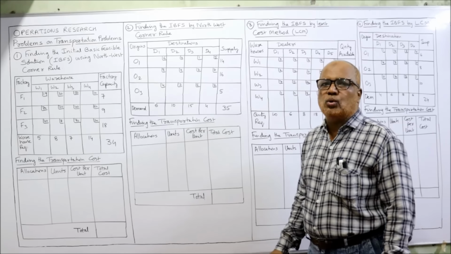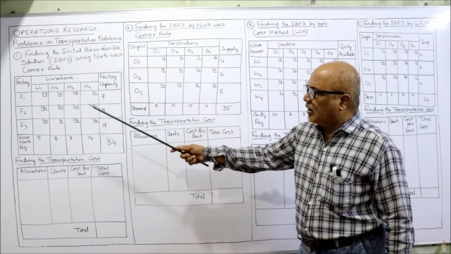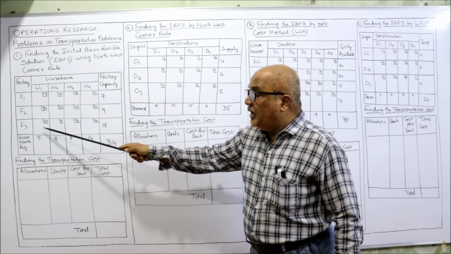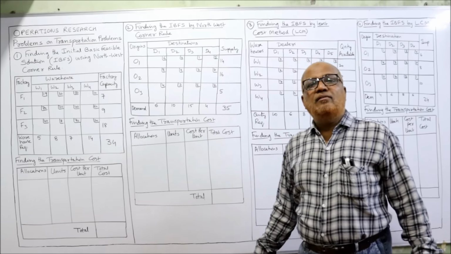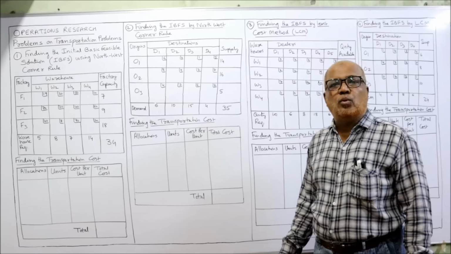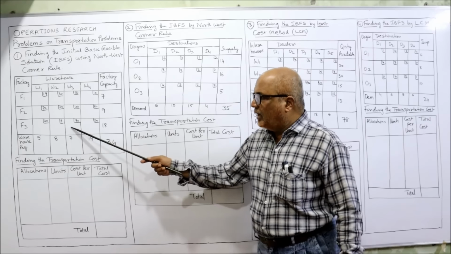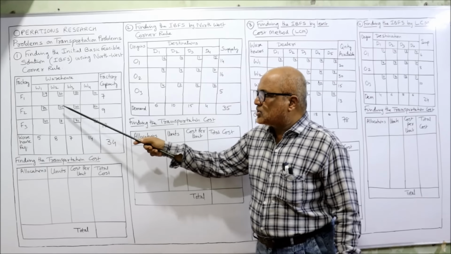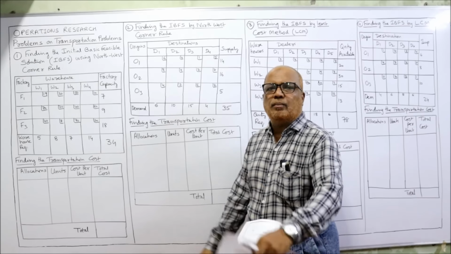These costs I have shown in the upper right corner. This upper right corner shows the cost. I have not taken the middle, because in the middle we have to give the allocations, how many units are to be transported. That we are going to take in the middle. So in the upper right corner, you write down all the costs which are given in the problem.